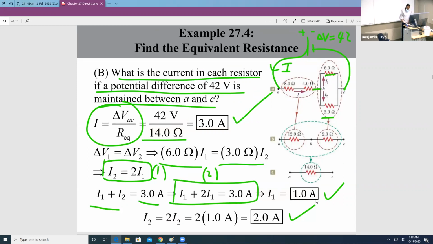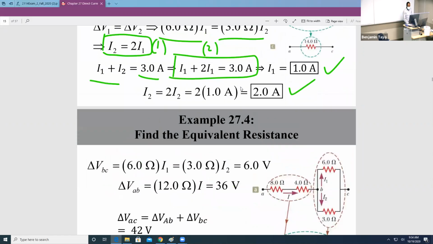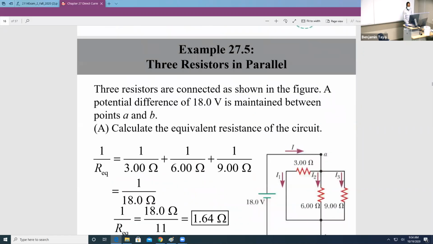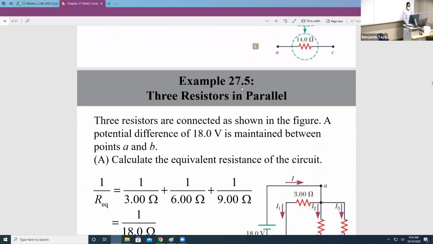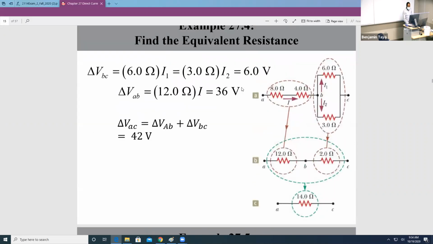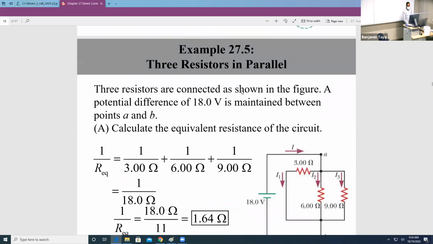Let's see. I was going to look at one more example here. Now let me share my other screen, and then I'm going to go over one problem here. All right, so we can just look at this example number 5.